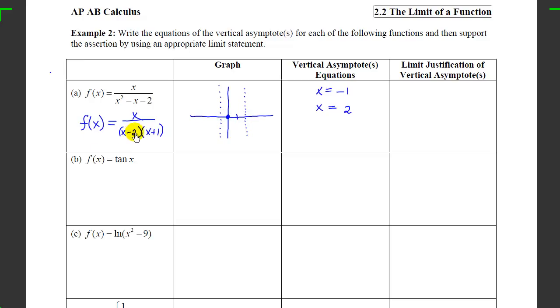Now if I get closer and closer to 2 from the right-hand side, that means I'm plugging in a number. I know I've got an asymptote, so I'm either going to be heading up to positive infinity or down to negative infinity. So what's important to remember about this particular term is whether it is positive or negative.